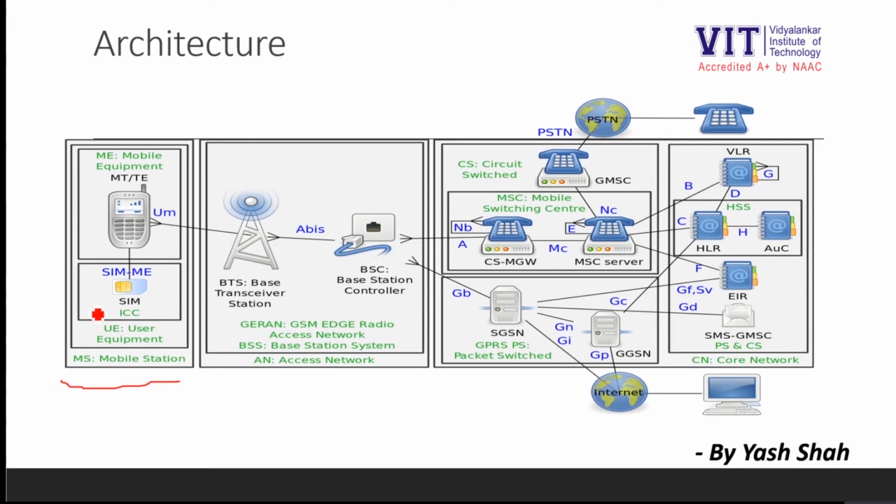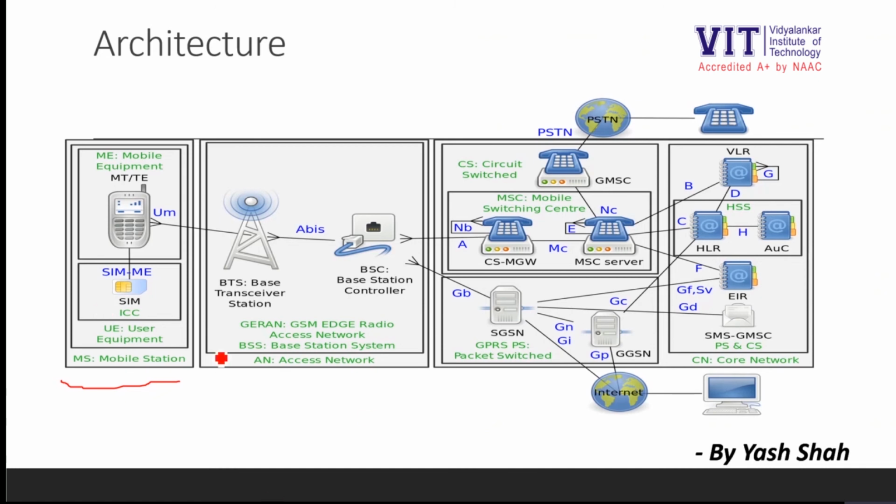The second is IMSI, the International Mobile Subscriber Identity, which is a constant and unique value for every SIM. These two pieces of information are stored in the SIM card. Along with these two, there is another algorithm stored inside the SIM, that is the A3 algorithm. A3 is an algorithm used as an encryption standard, which we will look at in the further slides.